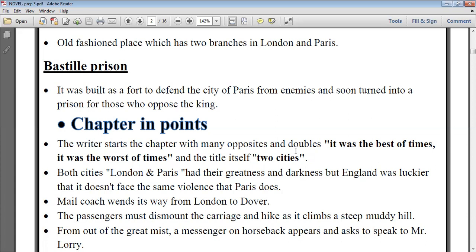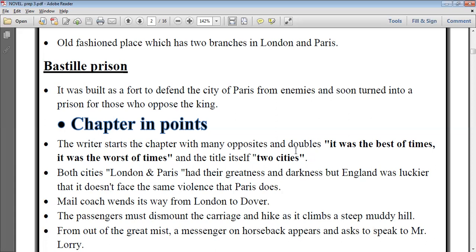Both cities, London and Paris, had their greatness and darkness, but England was luckier in that it didn't face the same violence that Paris did. Again, guys, don't worry. It means the revolution in France left a big violence, a big conflict between people and power.